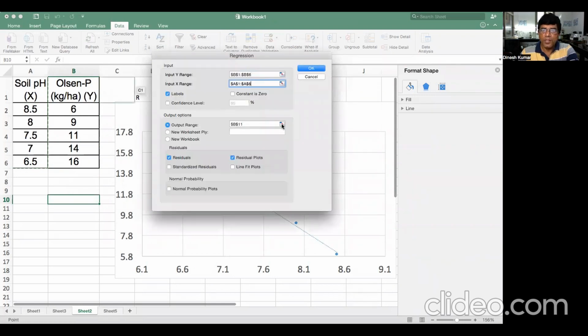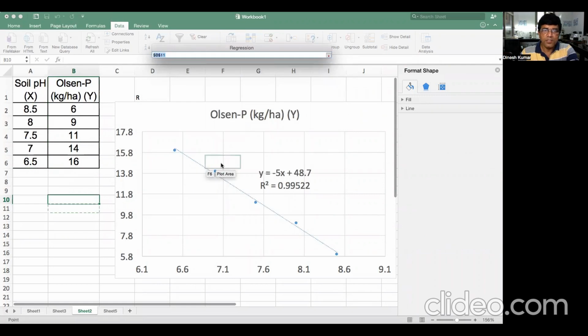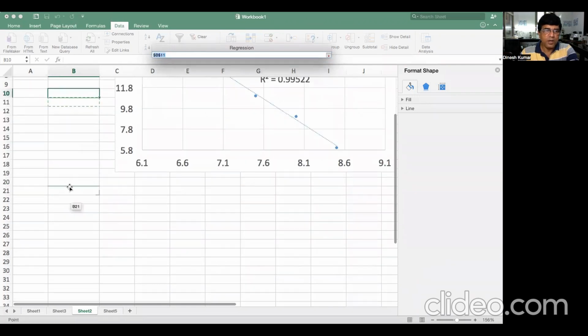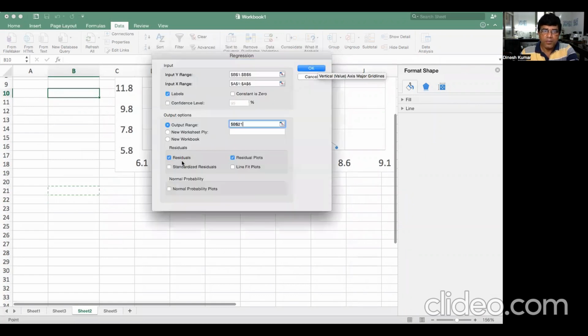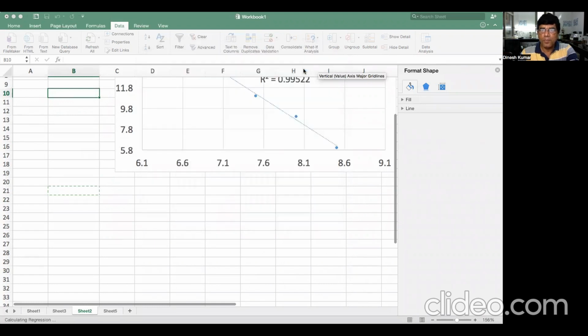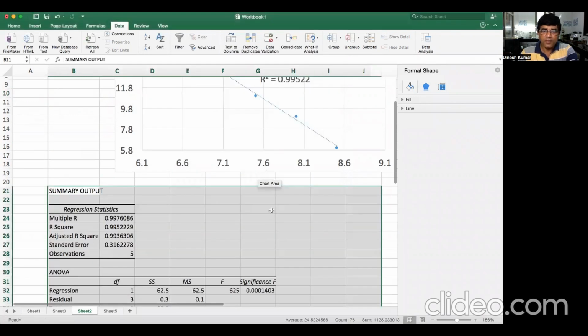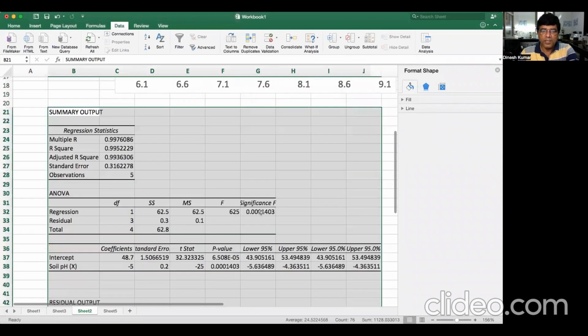And then output range, where you want to see your results. So you can go a little down, select here. And then residuals, residual plots, etc. Click OK. You get the results. You can see the level of significance.